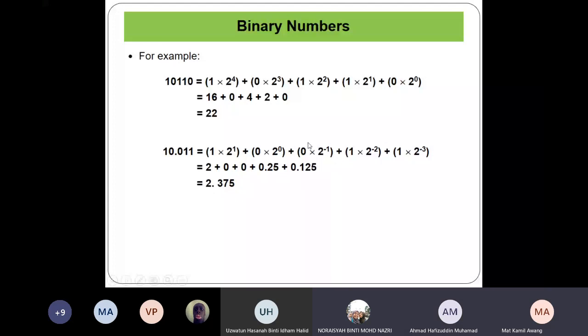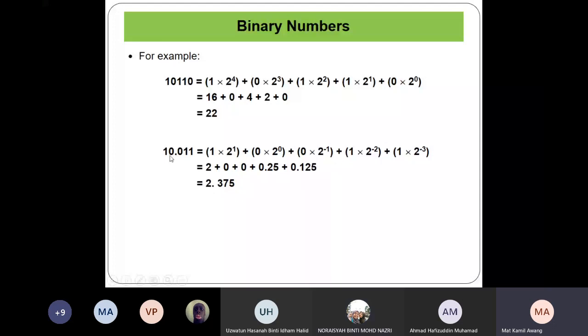For this number, 10.011, if you want to convert it into the decimal system, the first thing is to find where the point is.